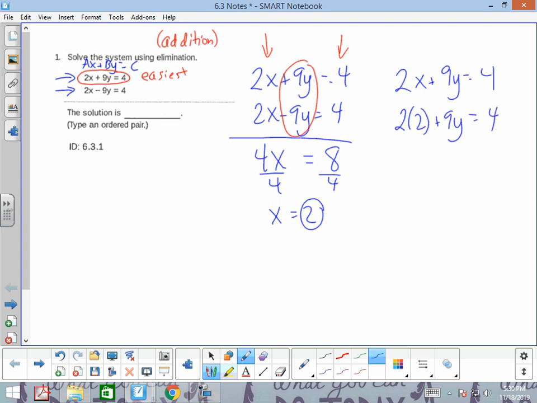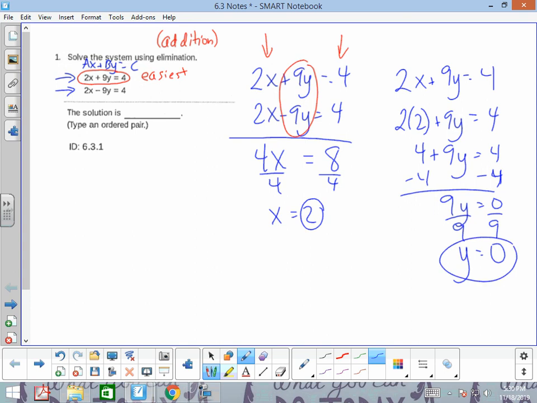And so I get 4 plus 9y equals 4. Subtract 4 and divide by 9. So anytime you have 0 divided by a number, 0 is on top, then that is 0. So y equals 0 and x equals 2.